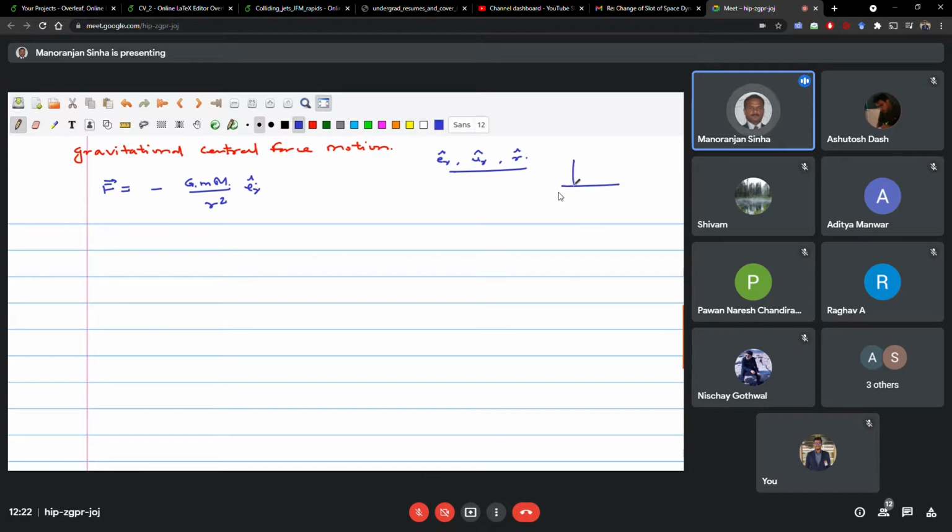So we have the reference frame here. This is the R. So in this direction, the unit vector can be R cap or ER cap or UR cap. And the unit vector perpendicular to this will be indicated as U theta cap, or simply theta cap also. So these are the standard notations followed. Any of them can be used.